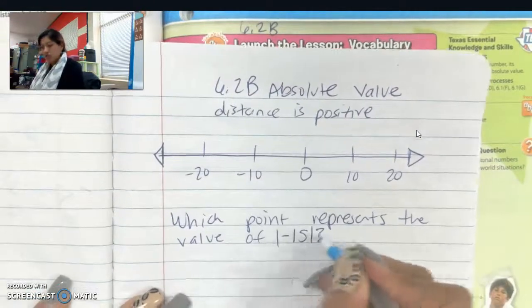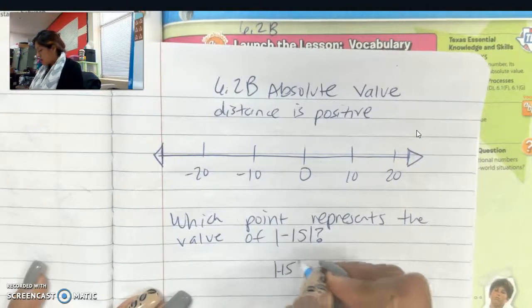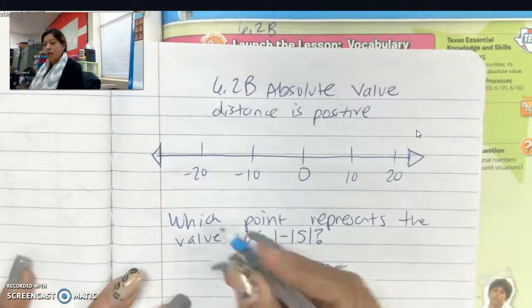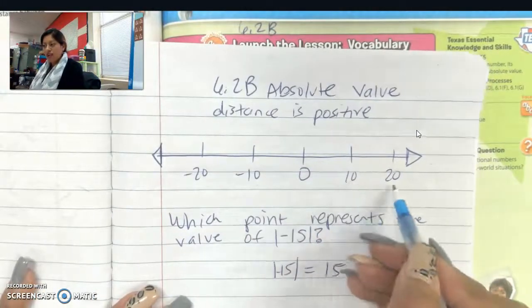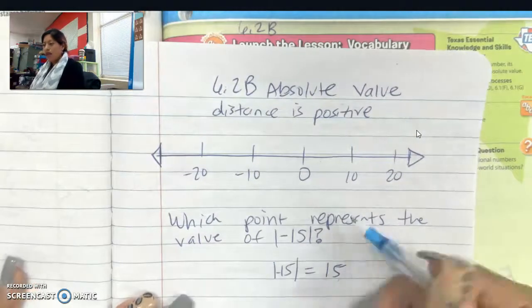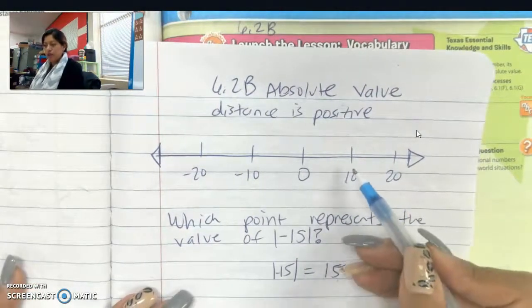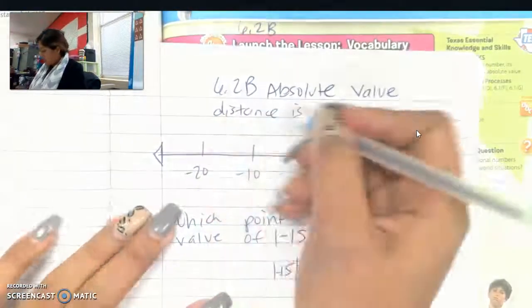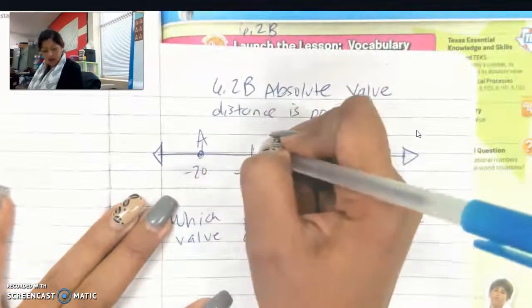So this actually changes to a positive 15. So now we have to go look at where is it? Well, it's not one of these numbers, but we know 15 is in between 10 and 20. So it's going to be right here. So let's see what my letters are.